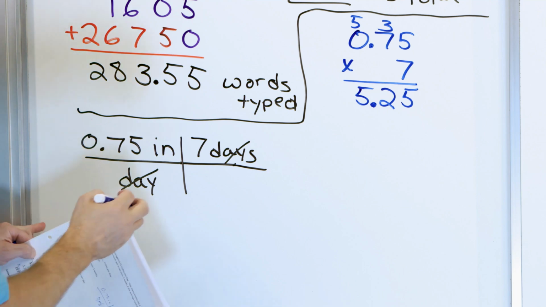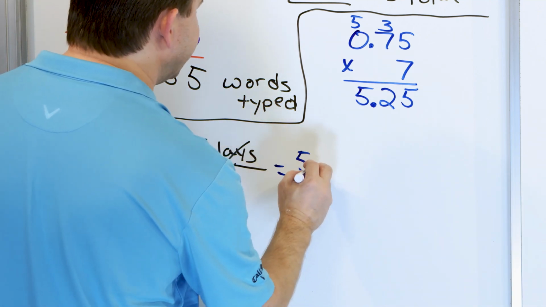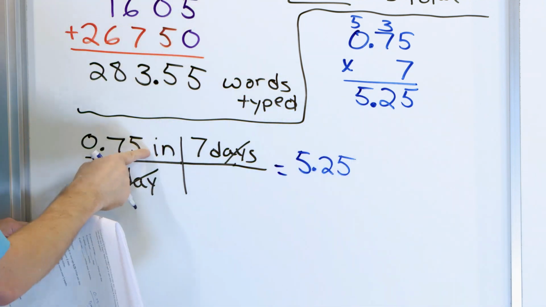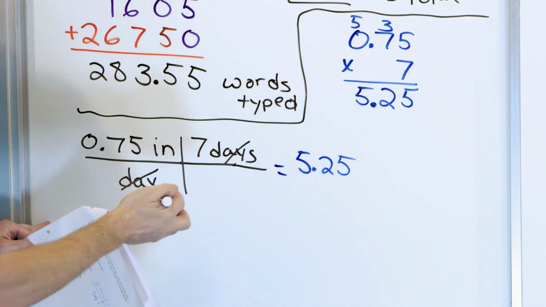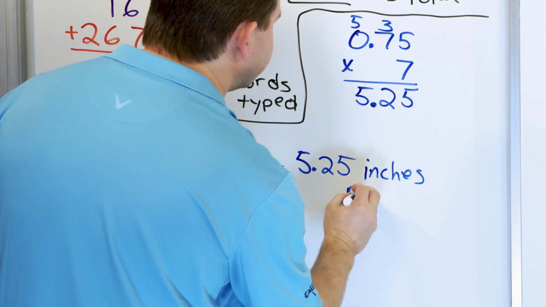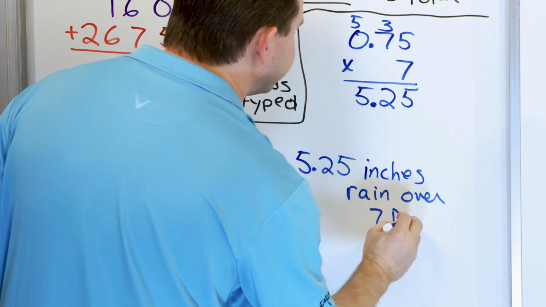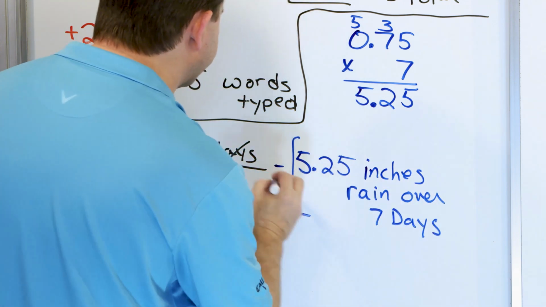So what this means is we must have collected 5.25 inches of rain, because the days have canceled, so we'll just say inches of rain over 7 days, because that's what we did. We multiplied by 7.